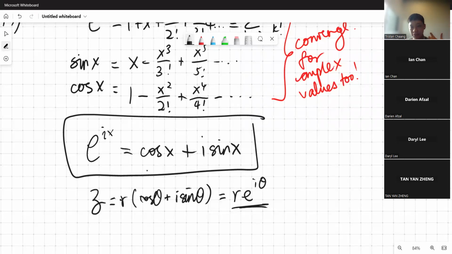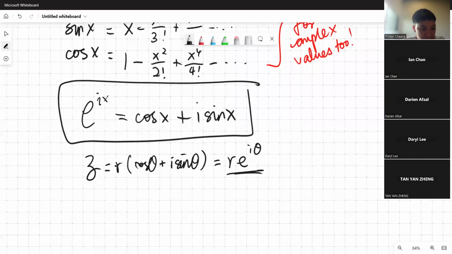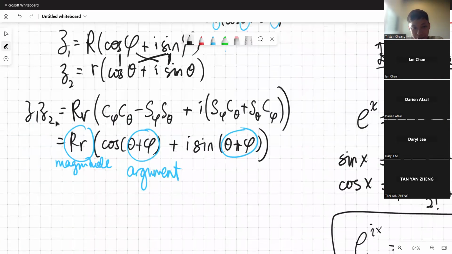But again, you still need two values, you still need the magnitude, you still need the argument. But what matters is that we have found an even shorter way of writing a complex number. And also, you can immediately prove this fact. When you multiply two complex numbers, you get a complex number where the arguments add.